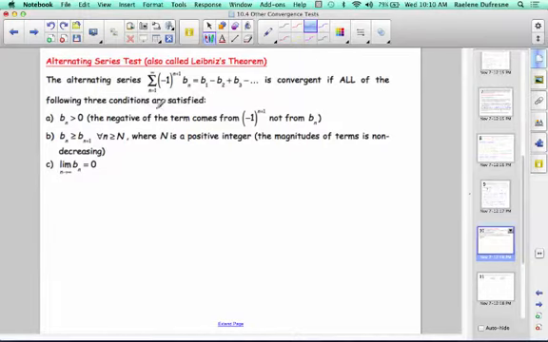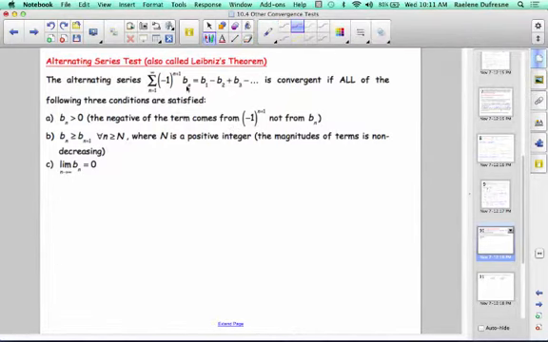So if we have an alternating series made up of An, where An is the negative 1 factor for the alternating part, times Bn, where Bn are all positive, this series will be convergent if the following conditions are satisfied. Well, the first condition is stating that the Bn coefficient or terms are positive. In other words, the negative of the term is coming from negative 1 to the n plus 1, not from Bn.